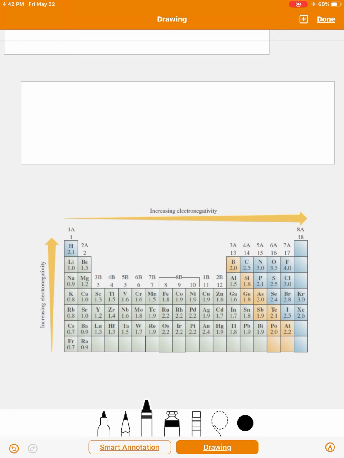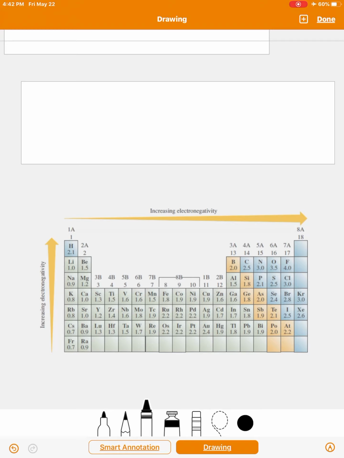You should memorize those two patterns. Increasing to the right toward the nonmetals, increasing up the periodic table toward the top. With the highest values, elements 7, 8, 9, and 17 for chlorine. Okay? So those are electronegativity values.